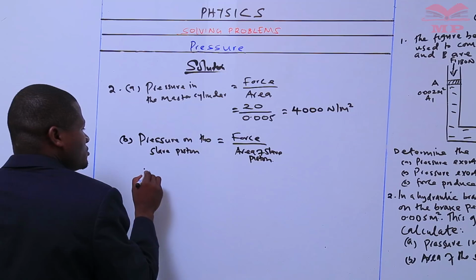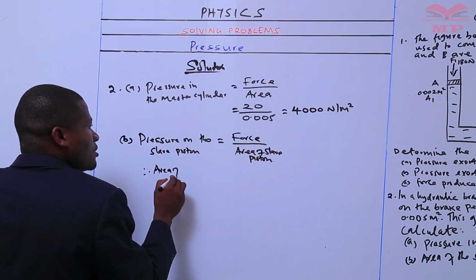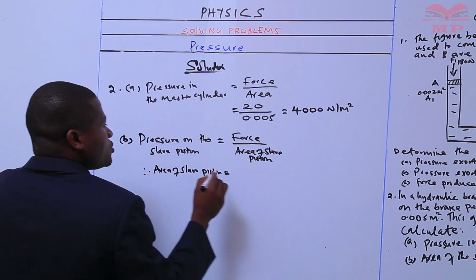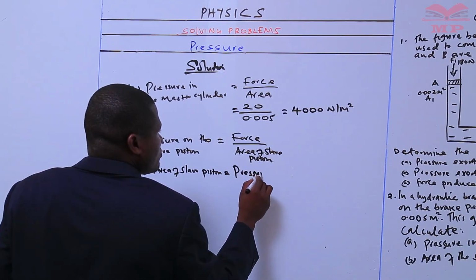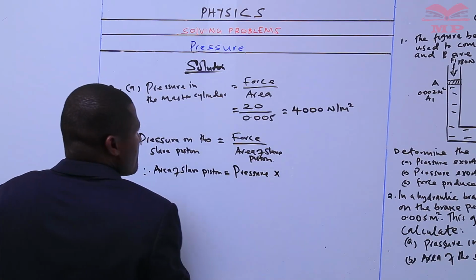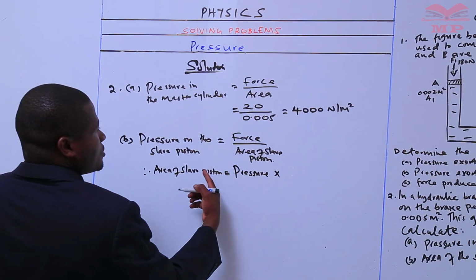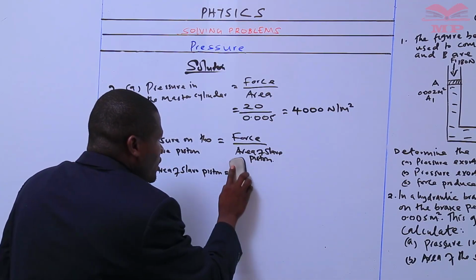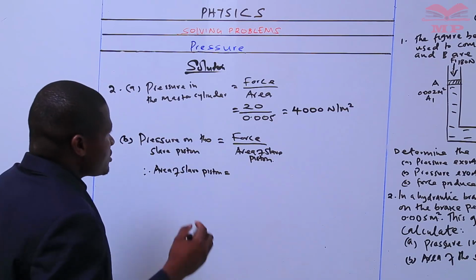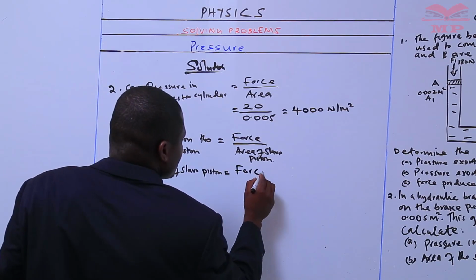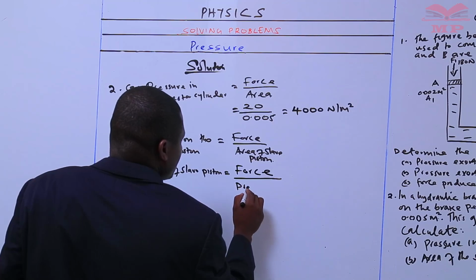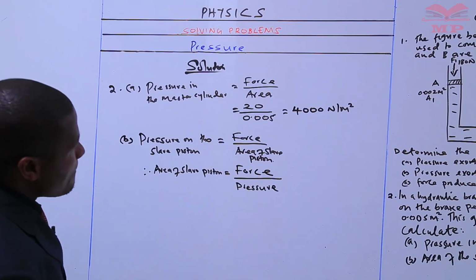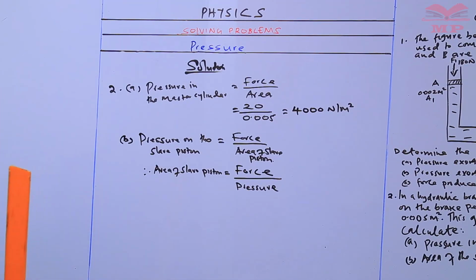When we cross multiply, it means that my area is given by force over pressure.